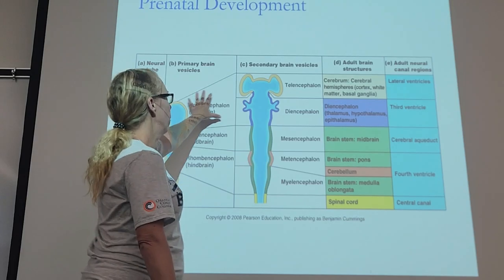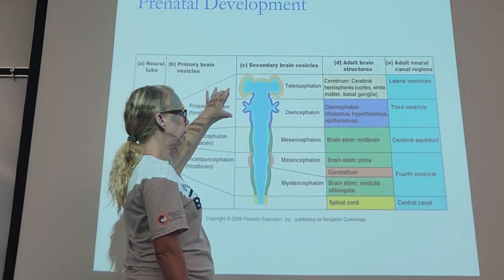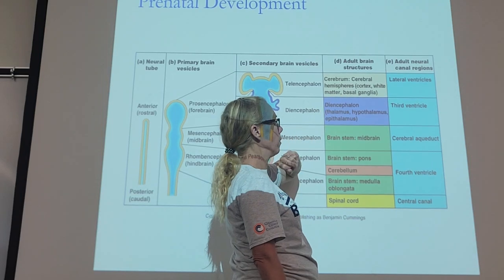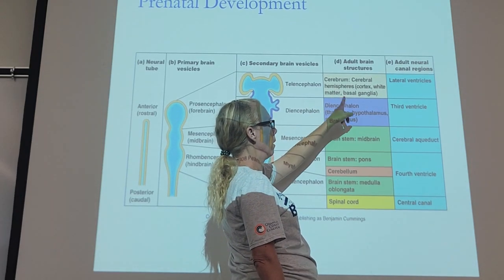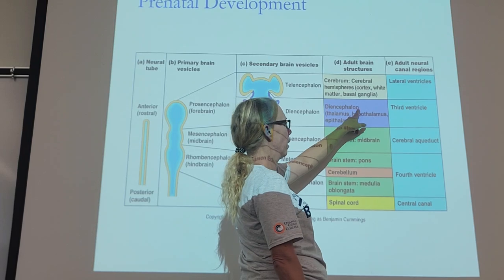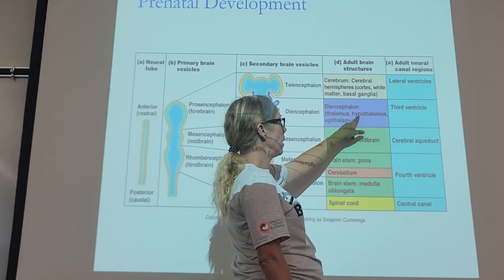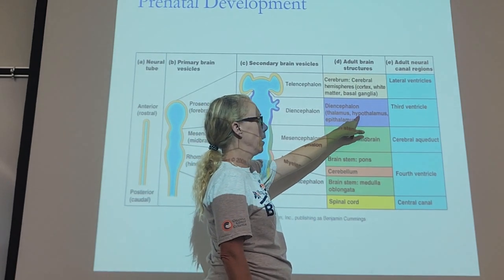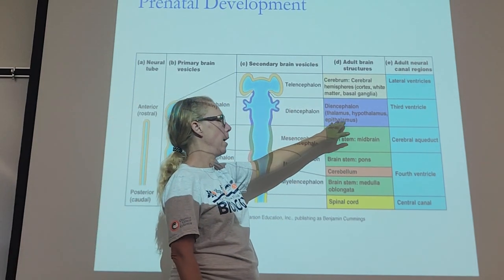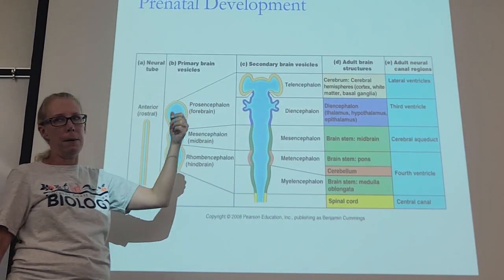So from the forebrain, we develop the cerebrum, which includes our hemispheres that we've identified, and what's called the diencephalon, which I'm going to repeat again today. I've got another slide that lists this. The diencephalon has two structures that we've identified, the thalamus and hypothalamus in lab, and then we're going to look at the epithalamus today, which is where you find that pineal gland.